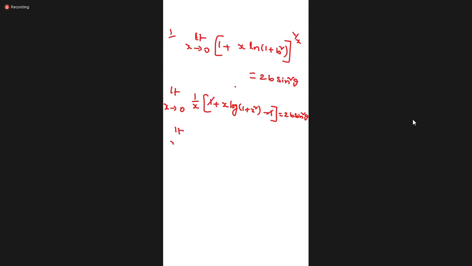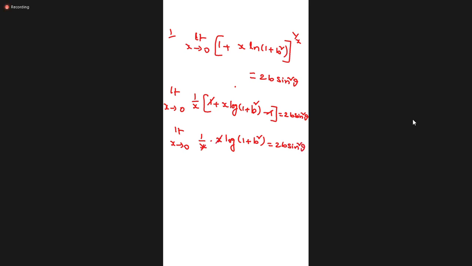So limit x tends to 0. Here 1 cancel. 1 by x into x log (1 plus b square). Sorry, this is b square, not x square. This is equal to 2b sine square theta.